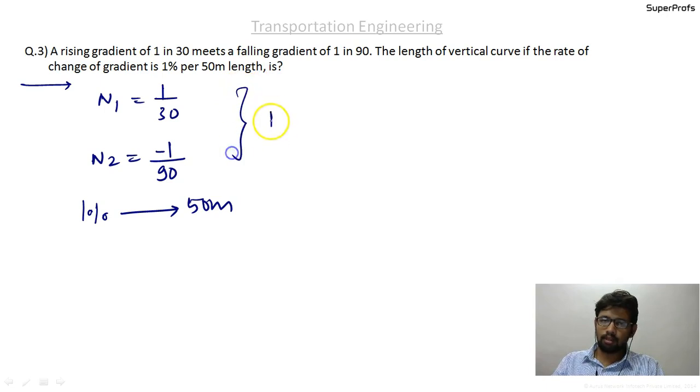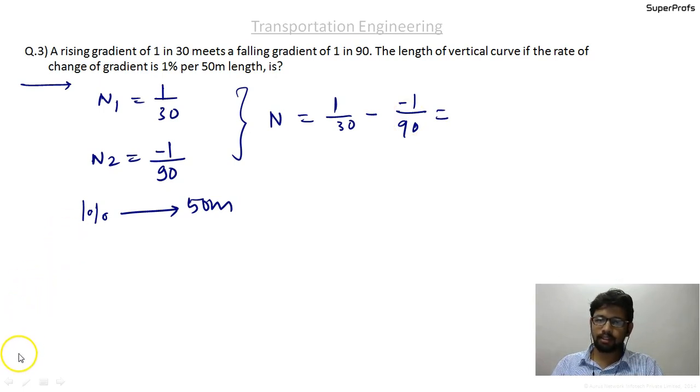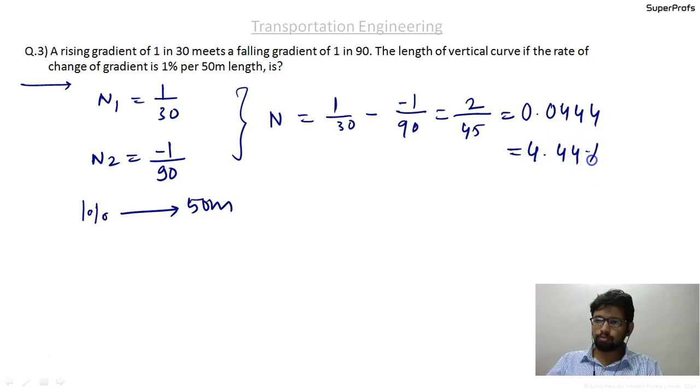So here the n value is 1 by 30 minus (minus 1 by 90), which is 1 by 30 plus 1 by 90, equal to 2 by 45, which stands for 0.0444, that is 4.44 percent.